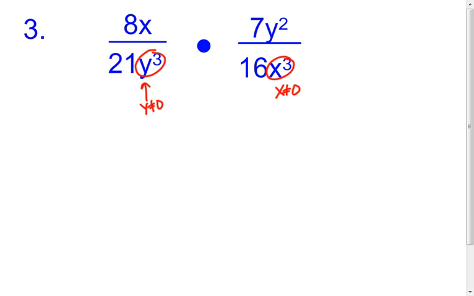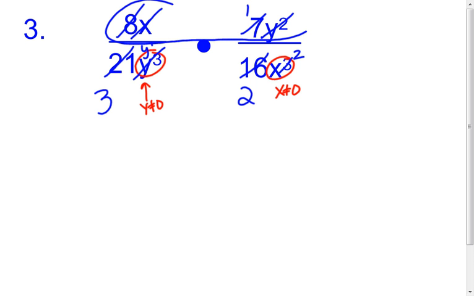All right, so I can cancel this 8 with this 16 and make it be a 2. I can cancel one of these x's with one of these and make that be x squared. And then, of course, the 7 can become a 1, and the 21 can become a 3. And then I can cancel both of those y's with 2 of those and make this be y to the 1. So, a little bit confusing, but on the top, when you multiply this across, the only thing you have left is 1.